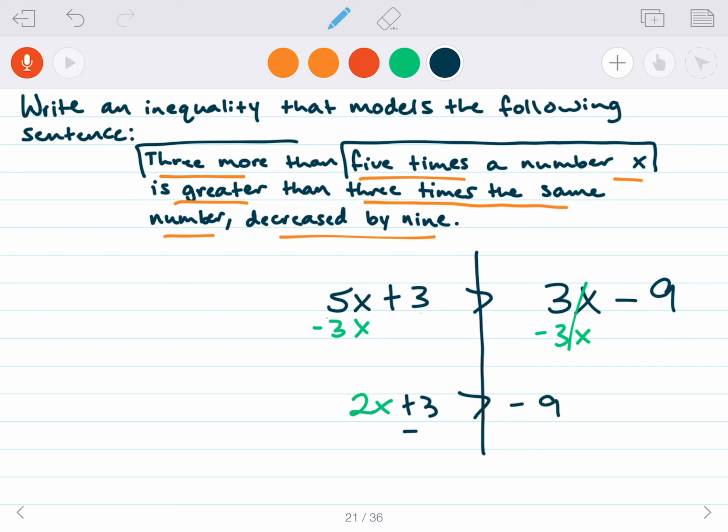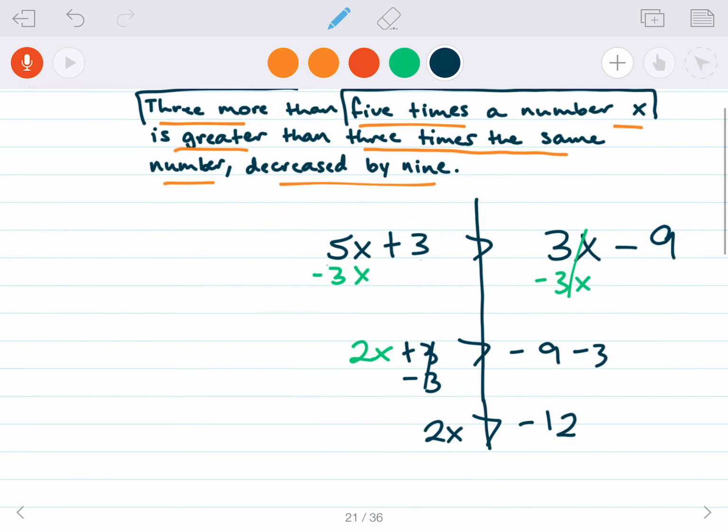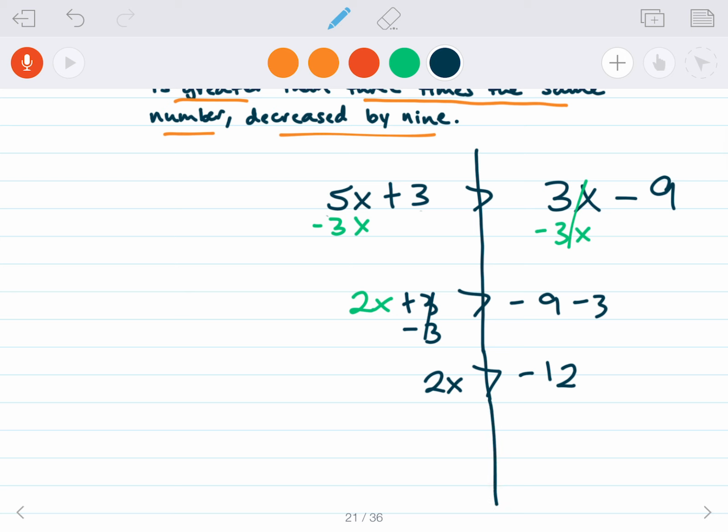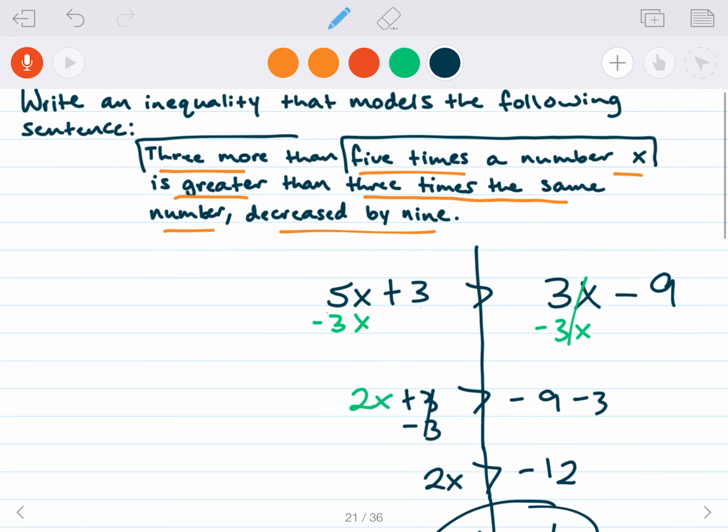I'll go ahead and subtract 3 from both sides, and I get 2x is greater than negative 12. I'll go ahead and divide both sides by 2 to get x is greater than negative 6. Okay, so that is my answer there.